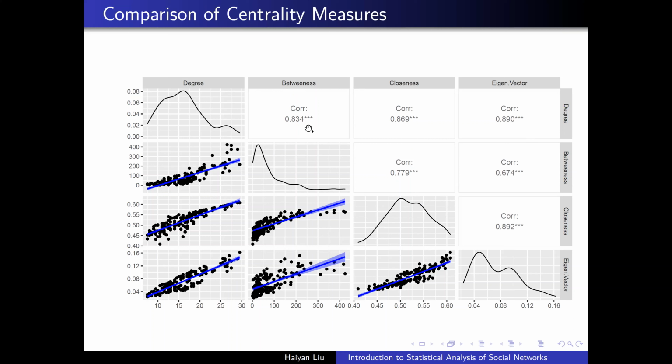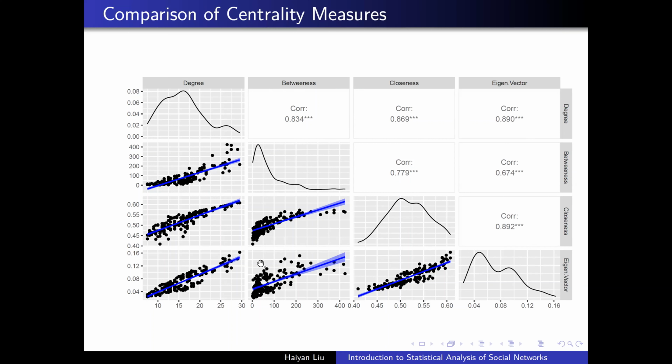That's quite large, and in the scatter plot we can notice a positive correlation. Degree centrality and closeness centrality also have a positive linear correlation, and degree centrality and eigenvector centrality also have positive correlations.